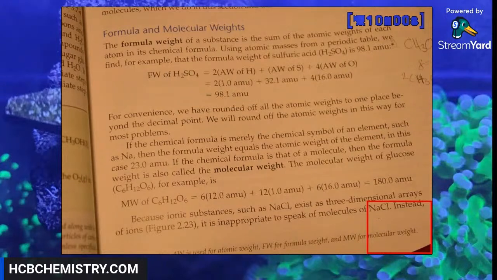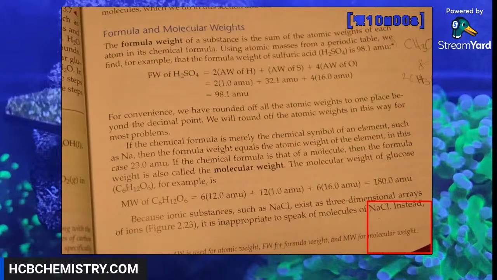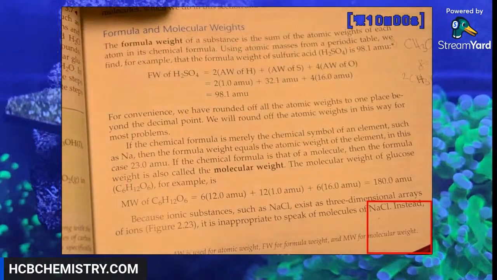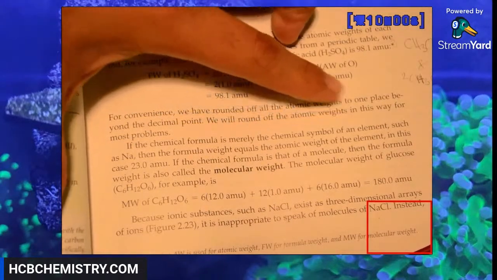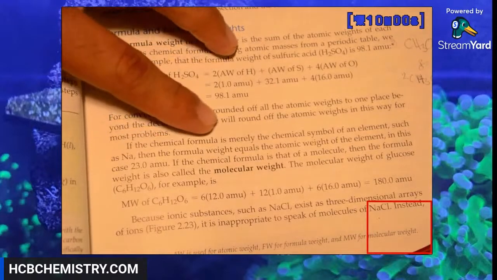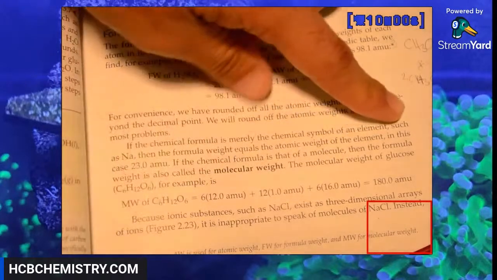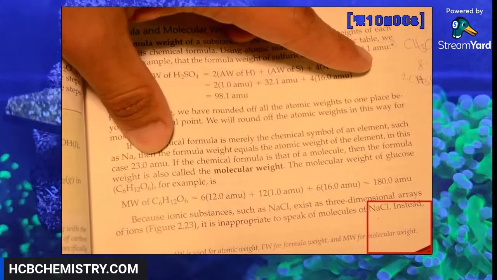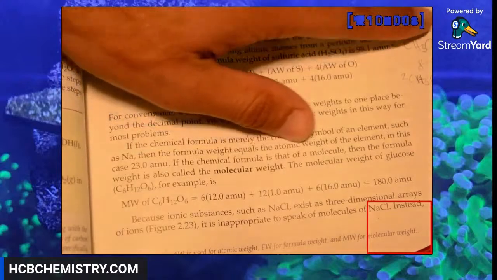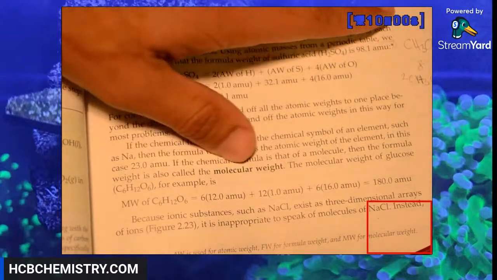All right, so for convenience, we have rounded all the atomic weights to one place beyond the decimal point. We will round off the atomic weights in this way for most problems. If the chemical formula is merely the chemical symbol of the element, such as Na, then the formula weight equals the atomic weight of the element. In this case, 23 atomic mass units. If the chemical formula is that of a molecule, then the formula weight is also called the molecular weight.